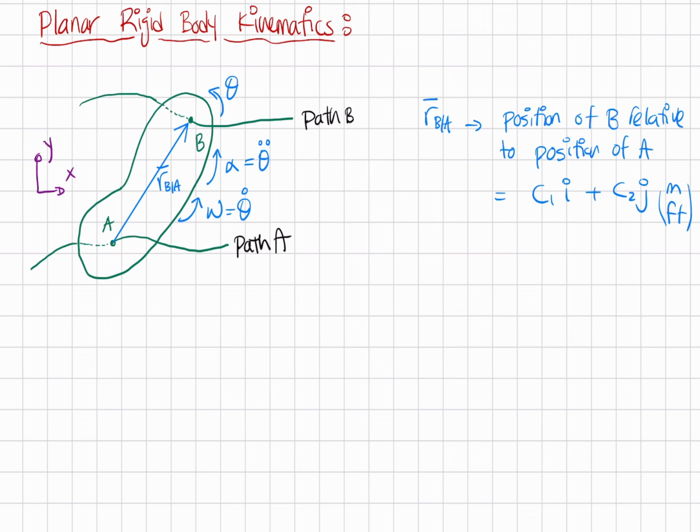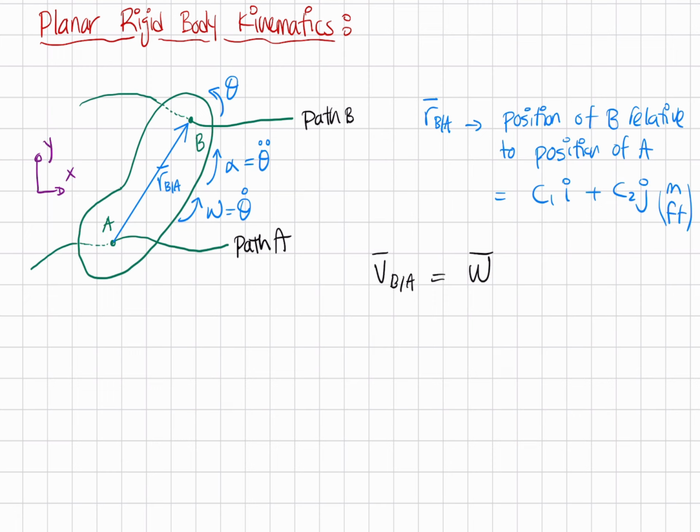Now, once we have this, we could also talk about the relative velocity. So let's talk about this velocity vector that is describing the velocity of B relative to A. Looking at this shape, I have an angular velocity omega, so I can certainly utilize that. The whole thing is rotating. So I have omega, and we can describe it as a vector.